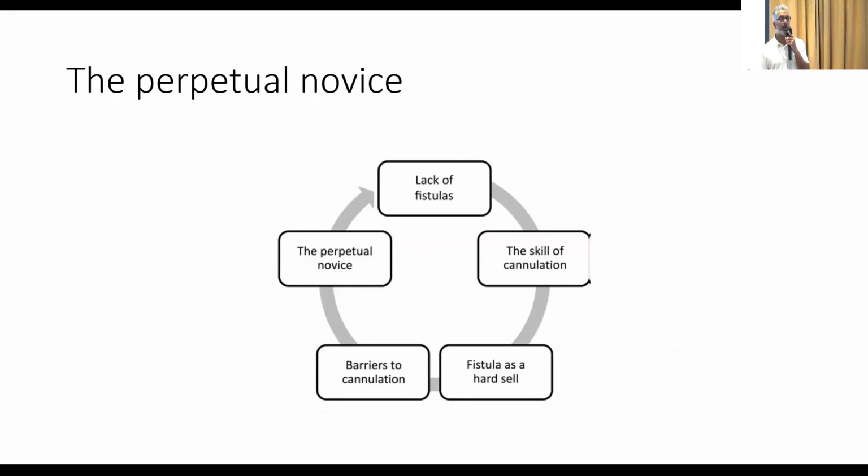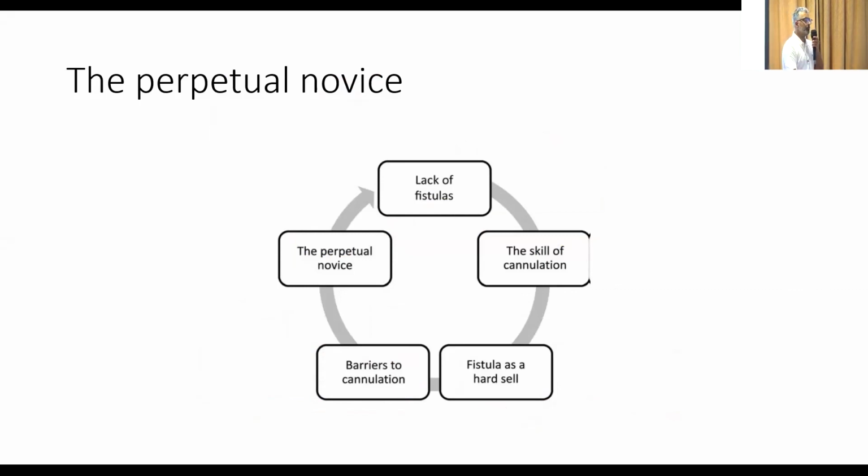So this, as I said, is a multidisciplinary approach. Okay, you have to have a very cohesive team: the nephrologist, the nurse, the vascular surgeon. We're trying to have things like vascular access clinics where you can do that more often. So unfortunately, we have a lack of fistulas, and it's like a vicious cycle, right?